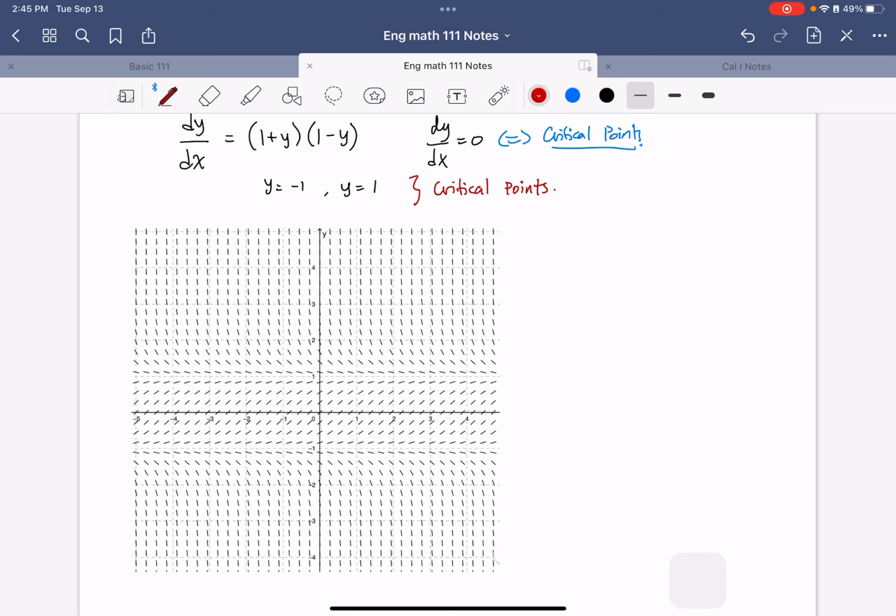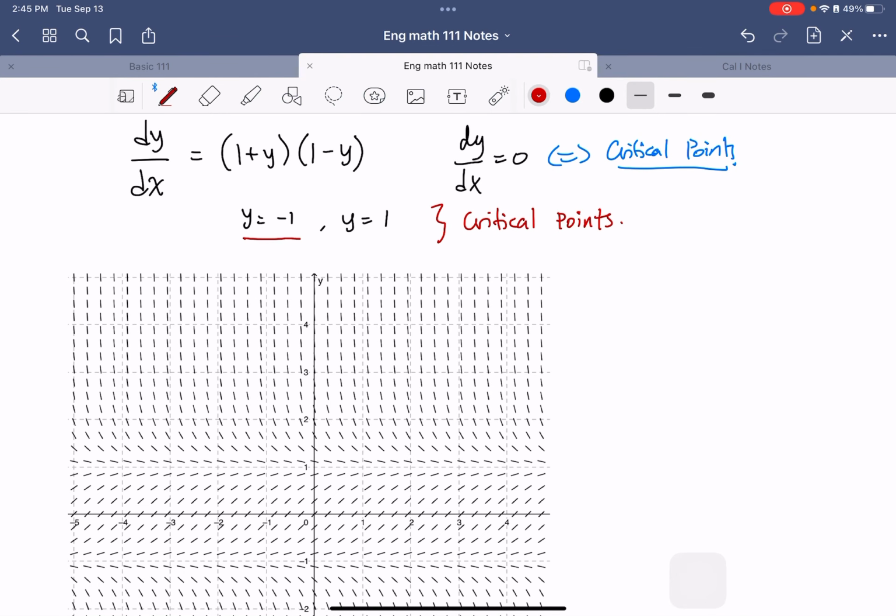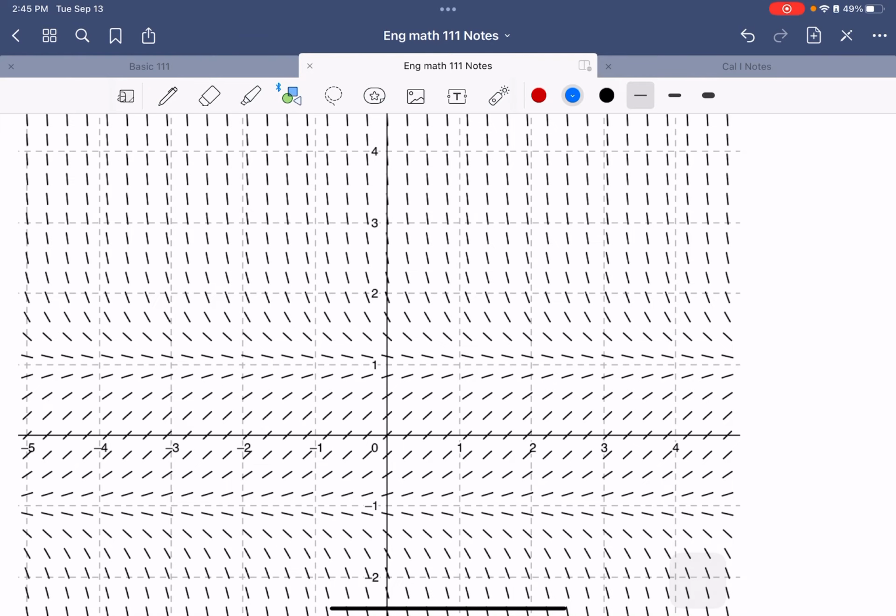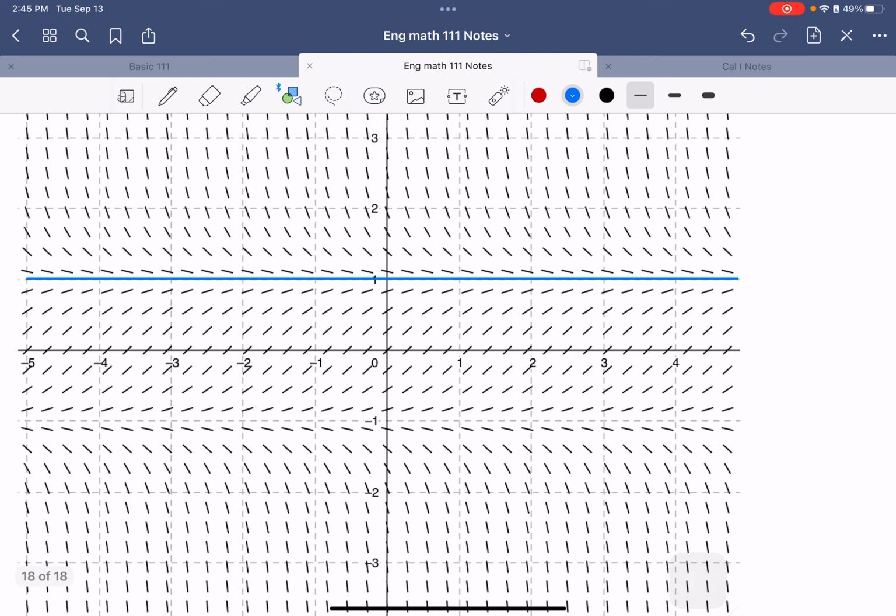So let's look at -1 and 1, these so-called critical points. Let's draw these critical points, for example, here for 1, and the other one here. What will happen here?